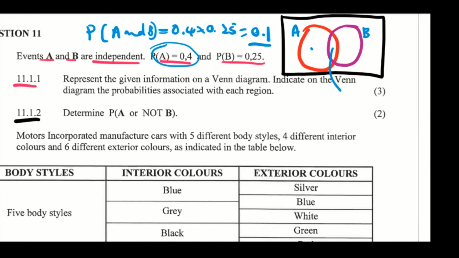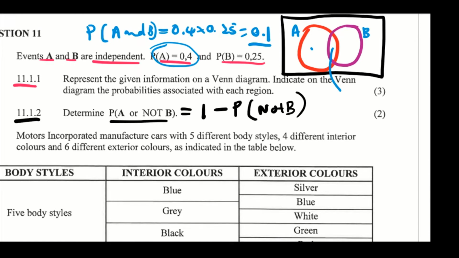11.1.2 says determine the probability of A not B. So you're just going to say 1 minus the probability of not B, right?